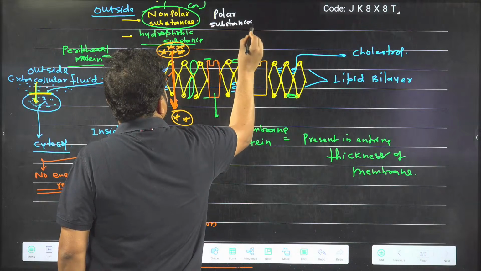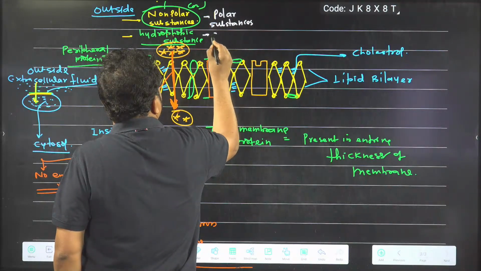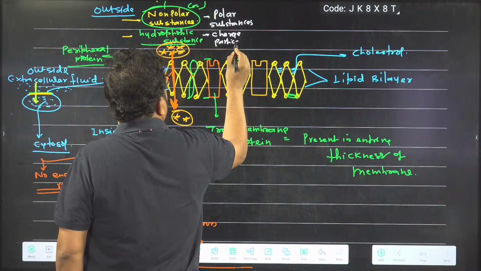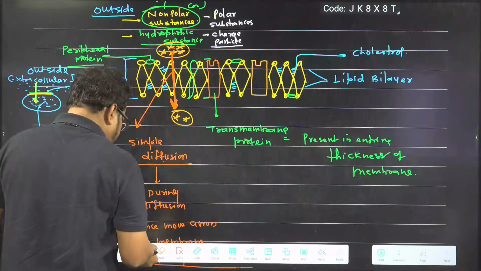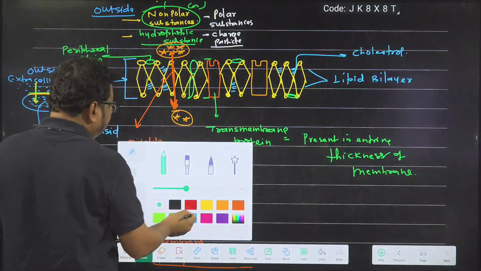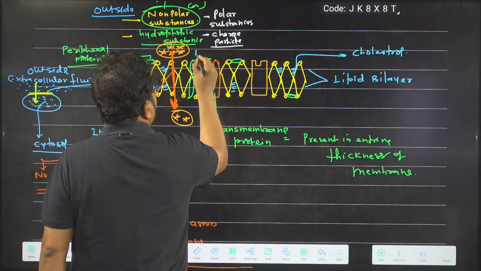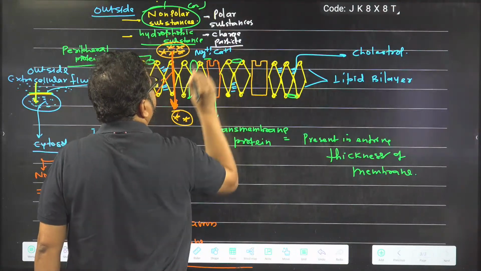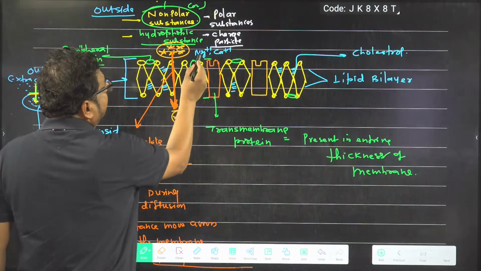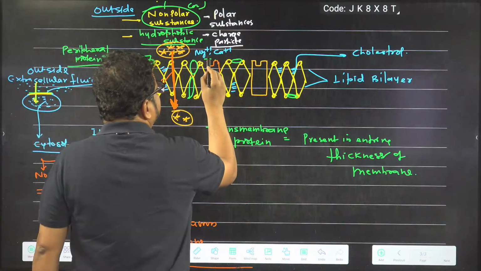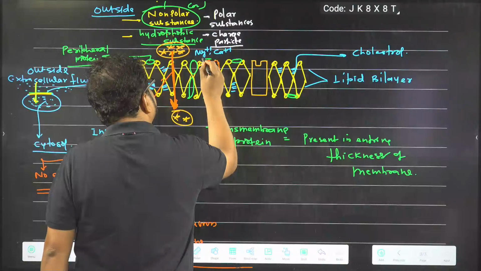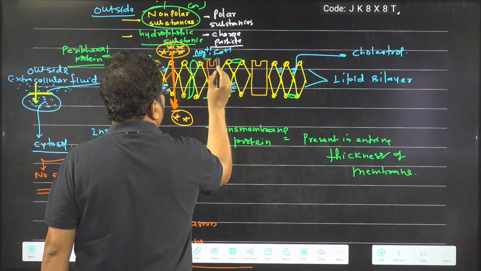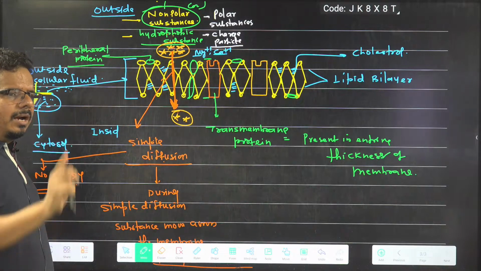Another example you can take is charged particles, when moving from high concentration to low concentration. I am writing magnesium as an example, and calcium as an example. Got the idea? These are the charged particles. These charged particles are not entertained by the lipid bilayer. The lipid bilayer is saying, I hate you, I will not allow you to cross. You can't cross through me.